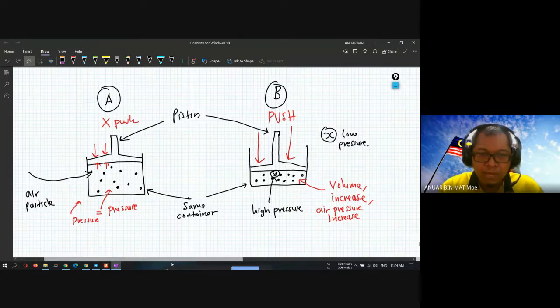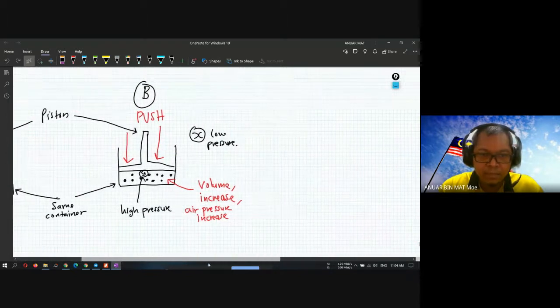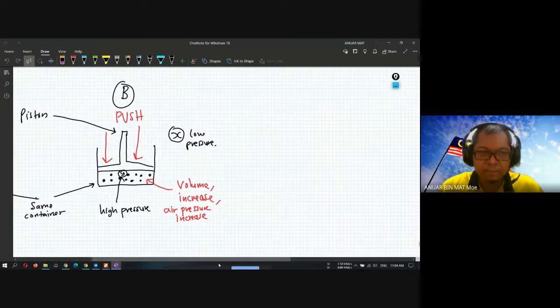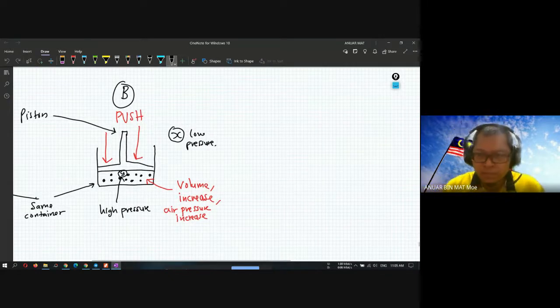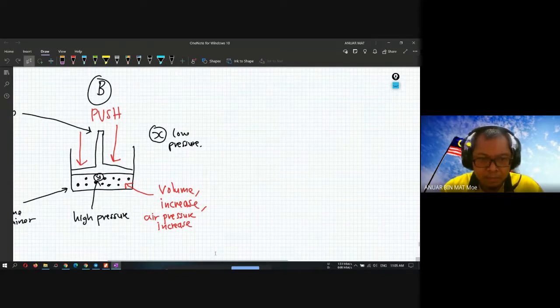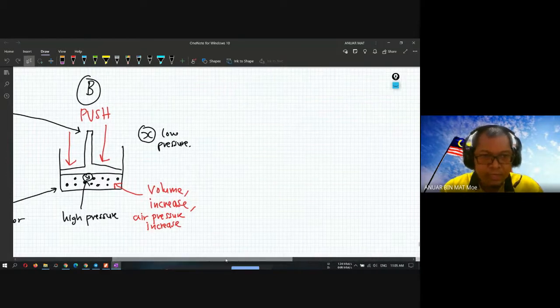Okay, how about like this? I just try to draw you another picture over here. Let me zoom it a bit. Situation C, whether you can understand it or not.